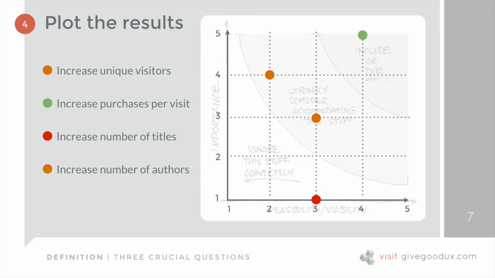If there is time and money left over in your budget, then let's look at what we can do to increase unique visitors, because that's a higher importance. It's a 4. And then if there's any left after that, then we'll consider increasing the number of authors. But that's our priority. Those are the things that we're going to tackle first.